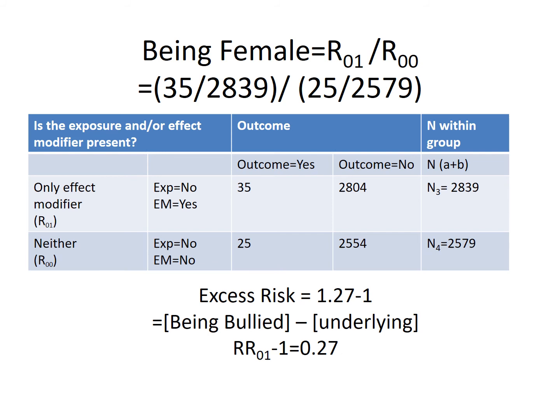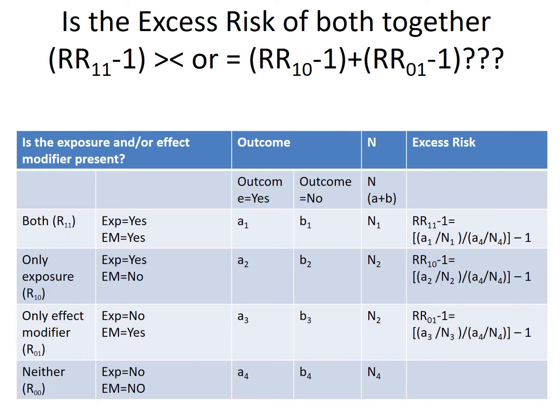What does this look like if you add it all up? So remember here, this is our table. Now we're going to add a new column to that, and that's the excess risk. So those are the formulas that we've been applying to get the excess risk so far in that column. And we're going to put them all in rows related to the column.